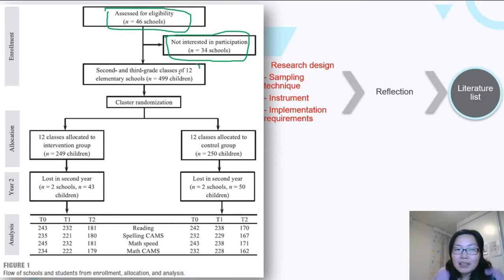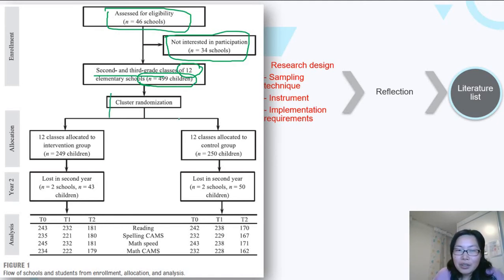So later, only 12 schools go on with this research. And 12 elementary schools, second and third grades, so actually they are the fourth and fifth grades in the Netherlands. And in total, there are 499 children, so around 500 pupils participated.